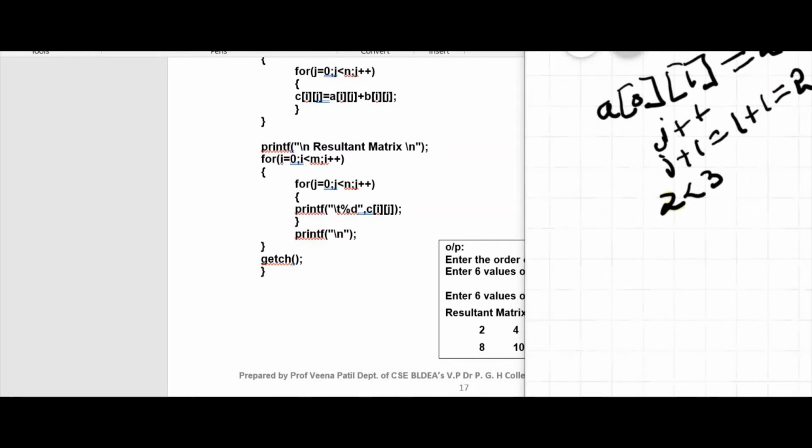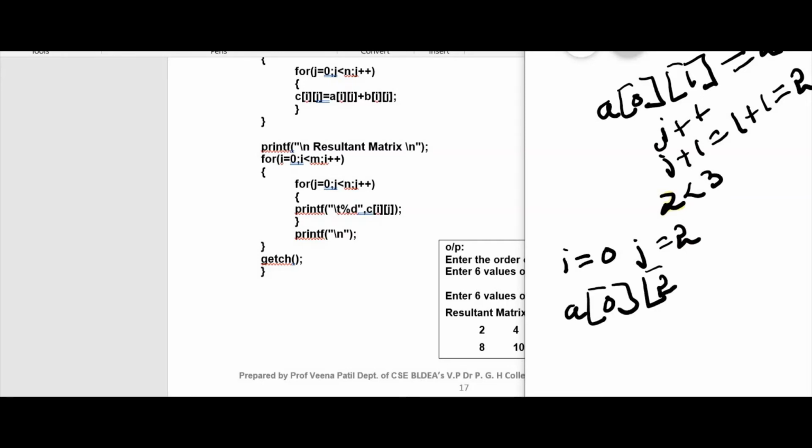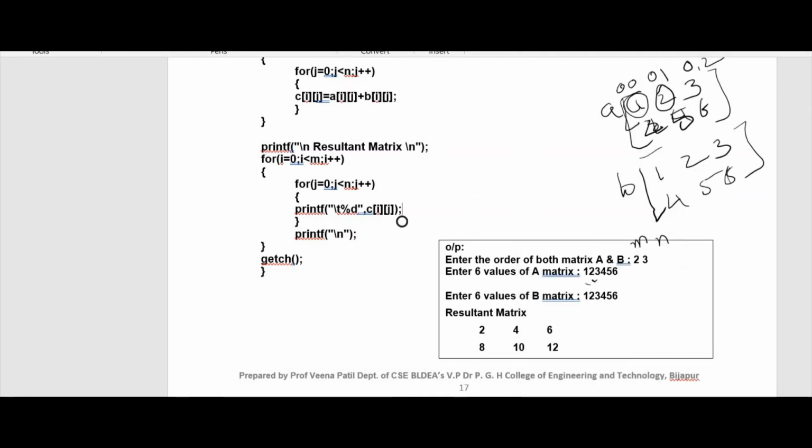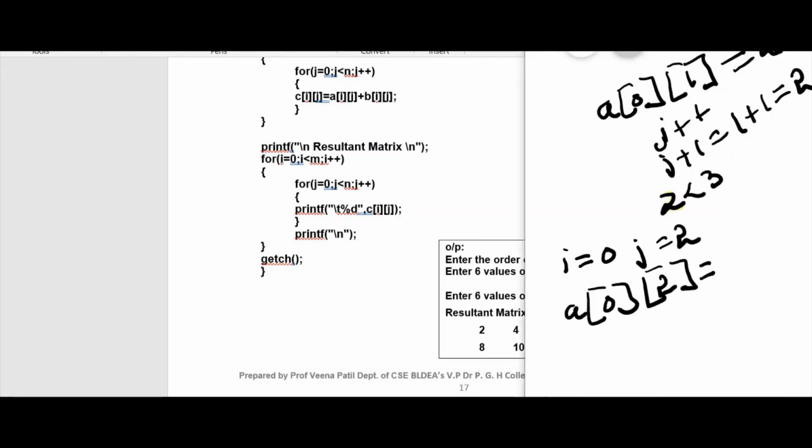Now if it is true, then enter the loop. Now i is still equal to 0, whereas j has become 2. So a of 0, 2 is assigned the next value, that is 3, which is going to be stored here. So 3 will be assigned here.